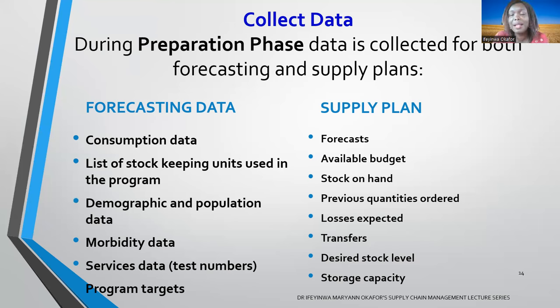That is for forecasting data. For supply plan, information like your forecast, available budgets, stock on hand, previous quantities ordered, losses expected, transfers, desired stock level, and storage capacity should be decided at this stage, at the preparatory stage.